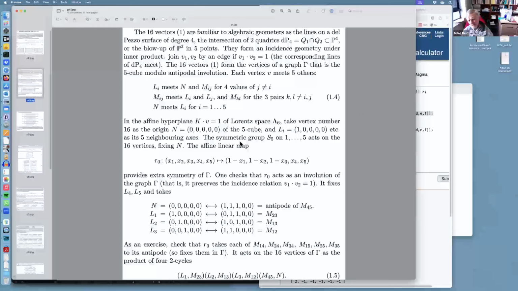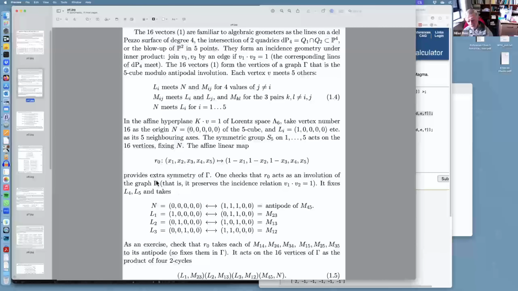Here I'm doing something slightly different because I want the symmetries of the 5-cube modulo the antipodal involution. So here is one particular, slightly idiosyncratic, order 2 symmetry of the graph. You'll see why I want it later.